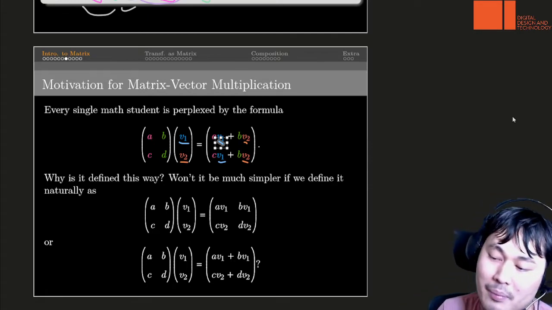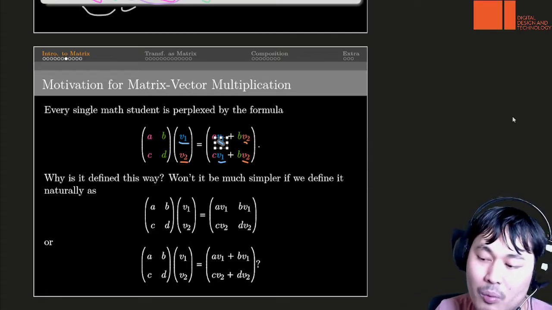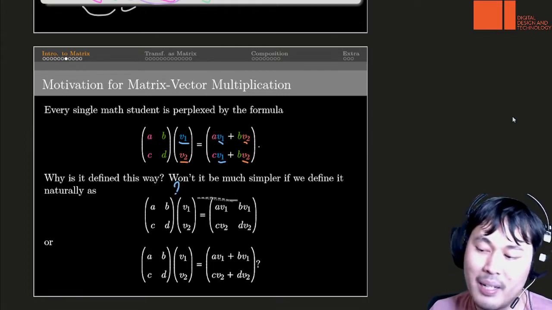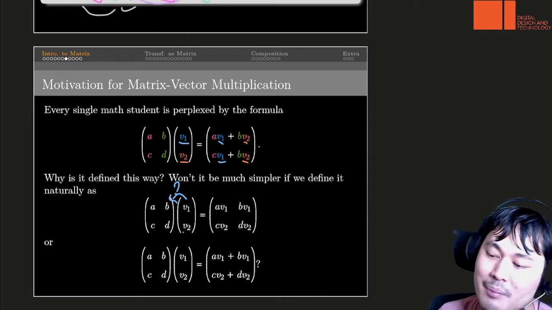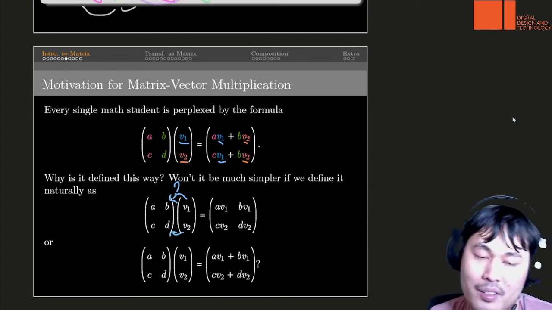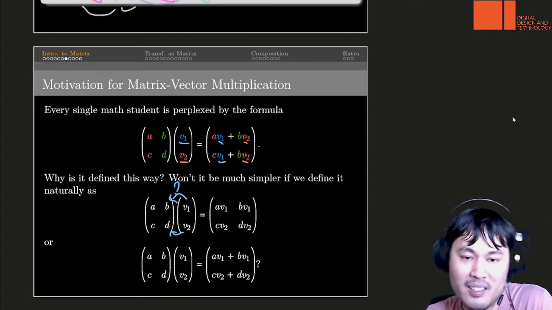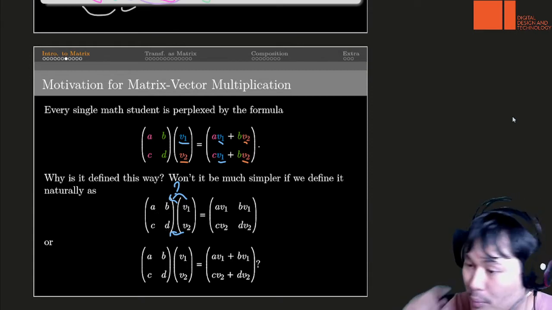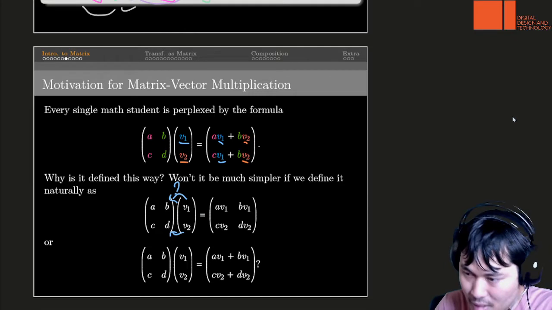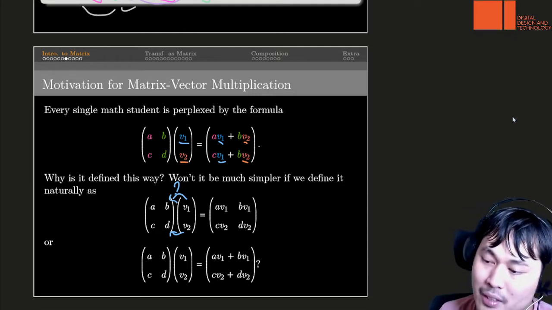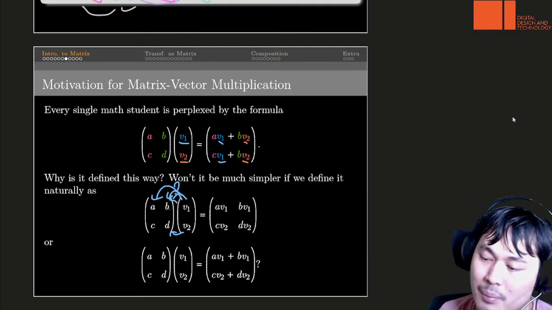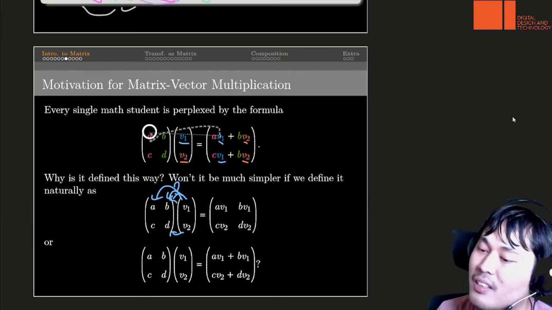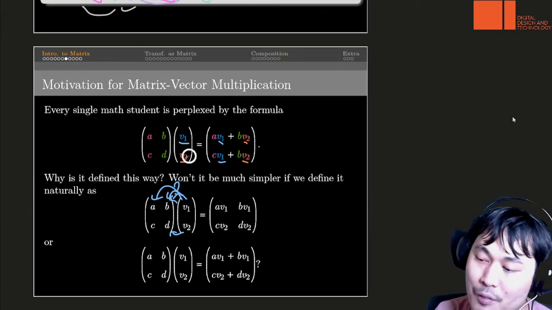But the question I think most people would have is: why don't we just define this multiplication by multiplying a number inside as though this is a constant? It would be very nice, right? If you multiply this matrix to this vector, why don't we just multiply vector v to these two numbers? But do we have to multiply v1 to the first column and v2 to the second column?